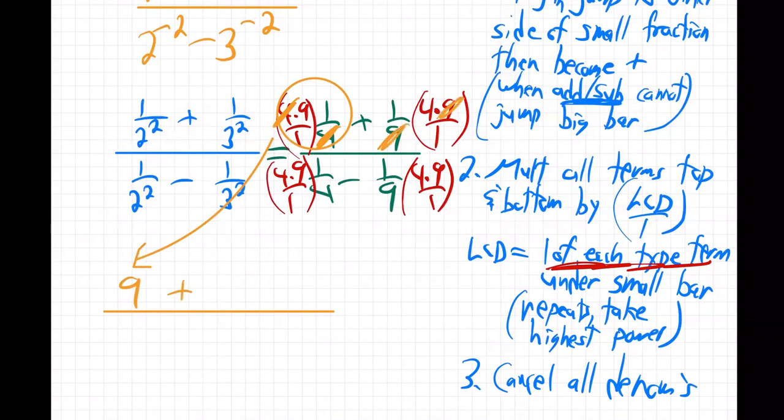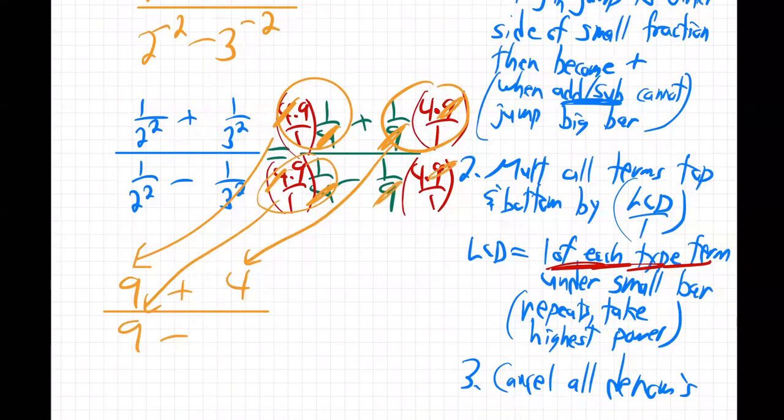And here 9 cancels 9. That only leaves 4. On the bottom, 4 cancels 4. That only leaves 9. And here 9 cancels 9. That only leaves 4. And so what is that? 13 over 5. And we're done. Just added them on the top, subtracted them on the bottom.